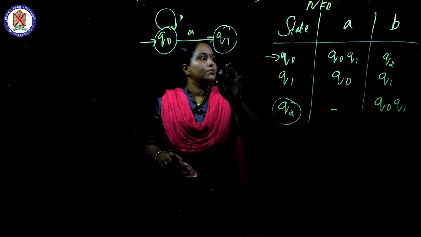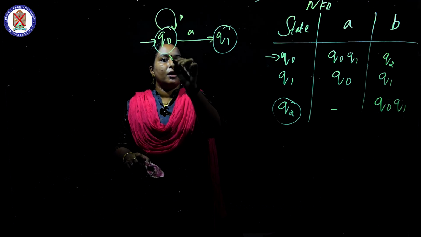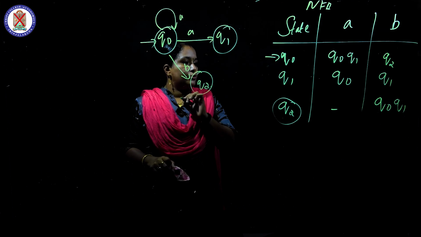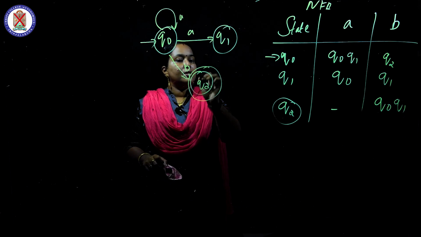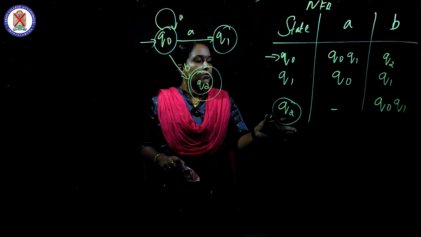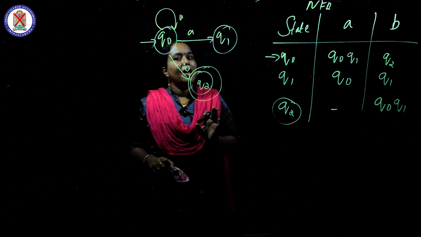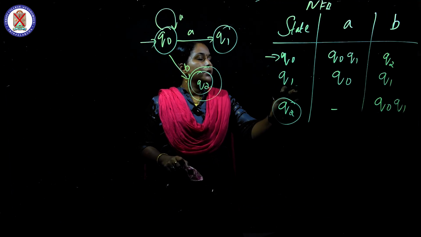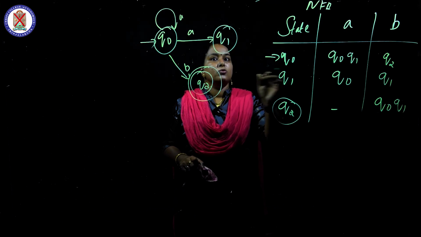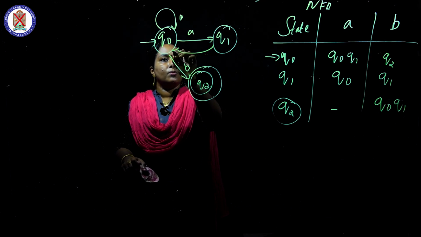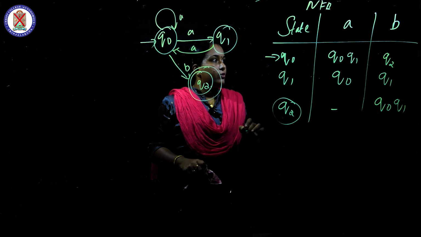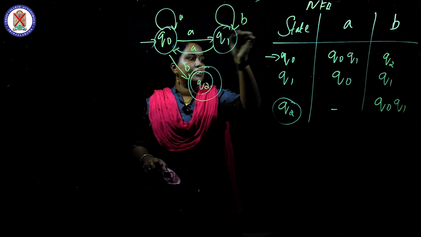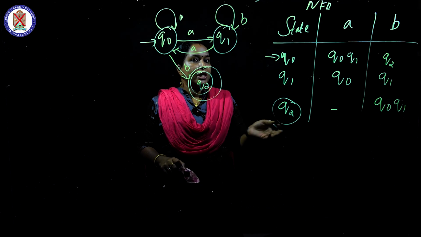Next, Q0 on B goes to Q2, and Q2 is the stop state or the end state or the accepting state. Next one, Q1 on A goes to Q0. Q1 on B goes to Q1 itself, isn't it?